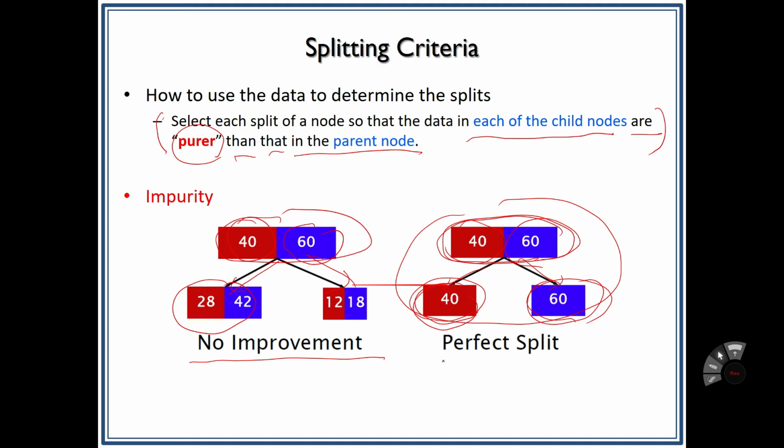So this is a perfect split, and we want to get this kind of result if possible. Anyway, we want to make the child nodes as pure as possible compared to the parent node. That's the way of splitting.